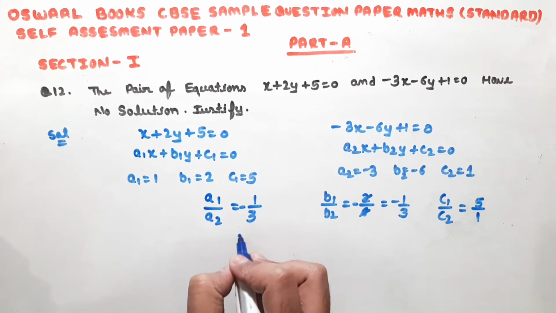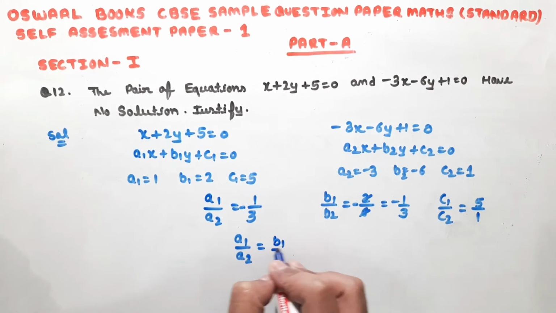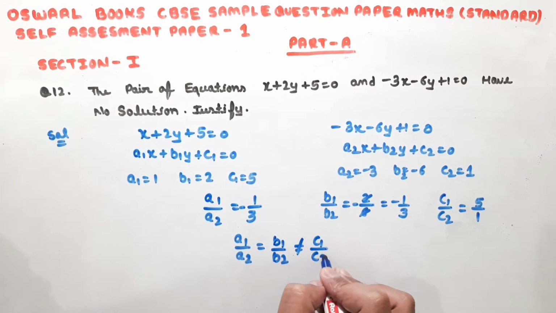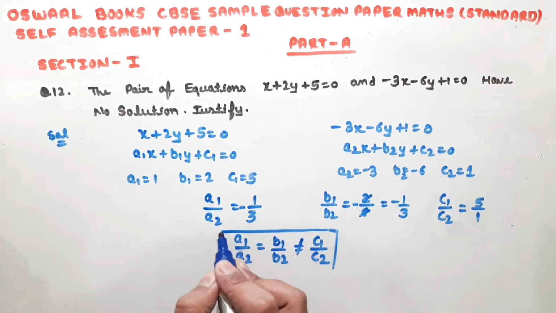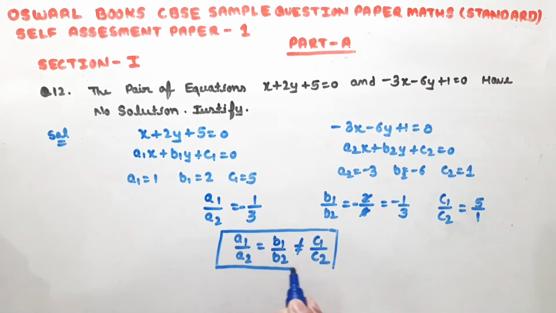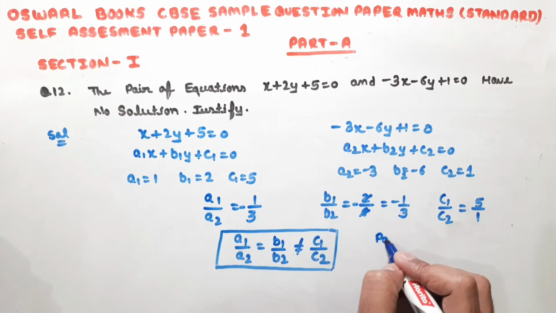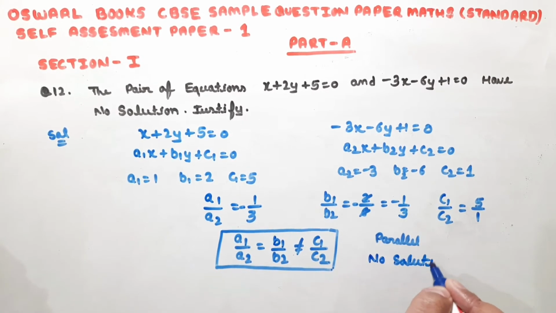So from here a1 upon a2 is equal to b1 upon b2 and does not equal c1 upon c2. It means that the lines represented by these two equations are parallel. So these equations have no solution.